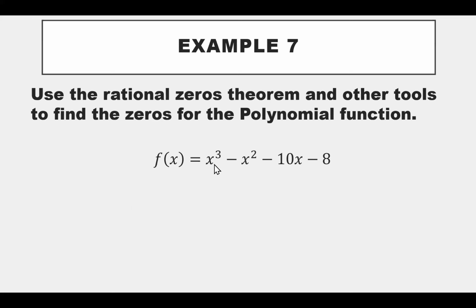So I know that this is odd degree. I know it has to cross the x-axis somewhere, so it has to have a real zero. In any case, this shows us a lot of tools we can use to find zeros of polynomial functions. And that's the end of this video.